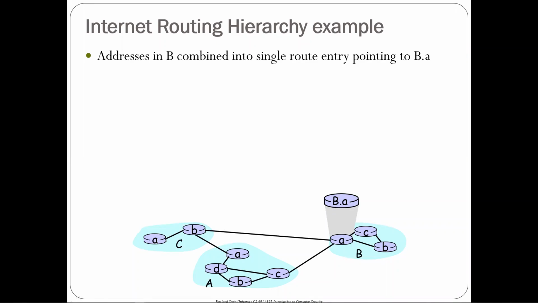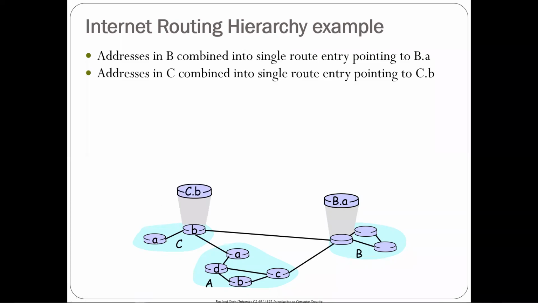And within ISP-B, all of these routers have information going to each other. Basically, between ASs, the only thing that A and C know about B is this one border router. And in that way, these internal routers are hidden from the other parts of the network.